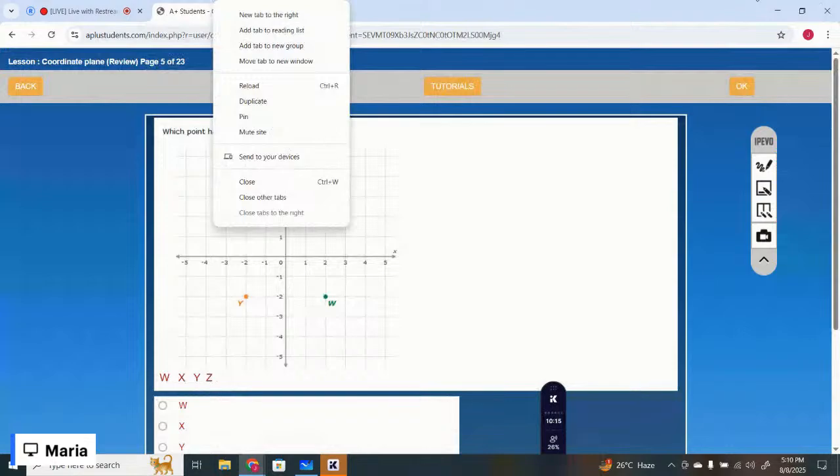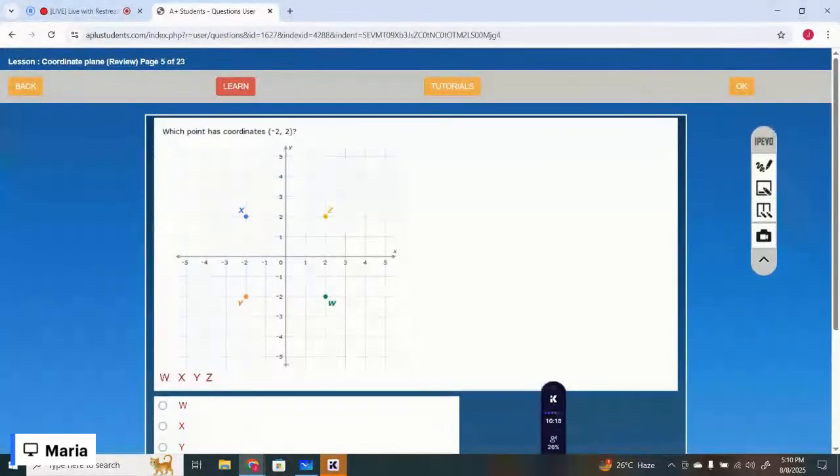Which point has the coordinates -2 and 2?